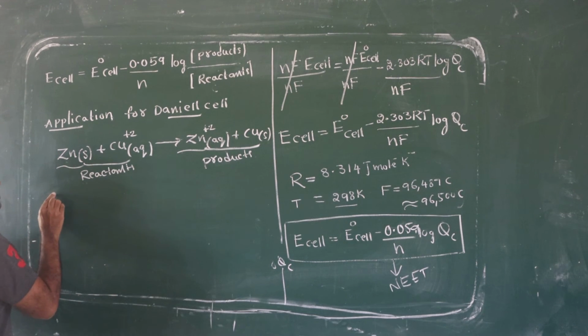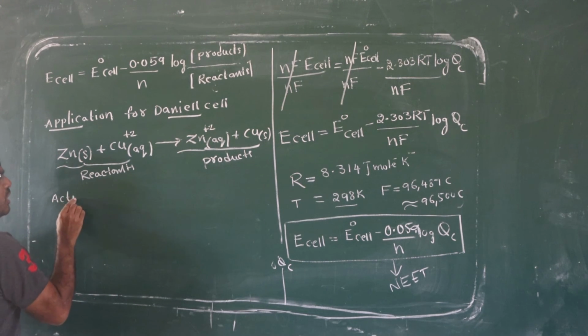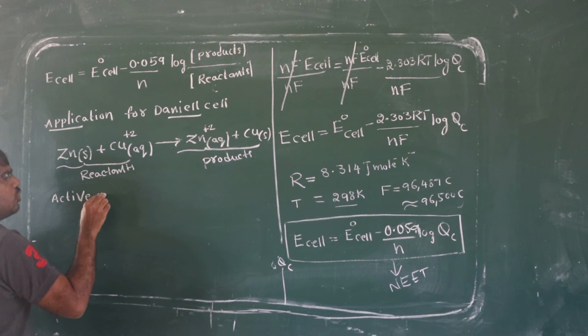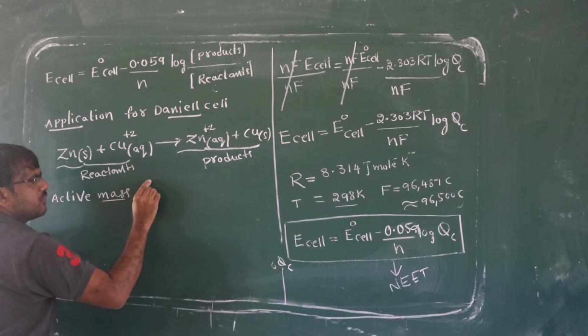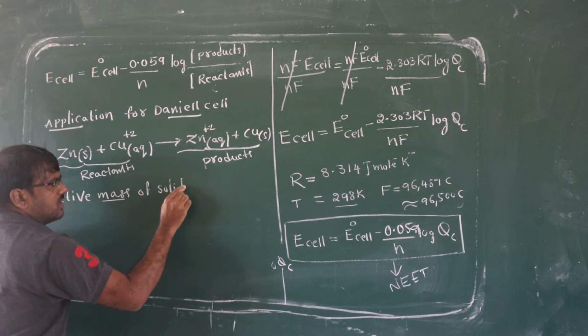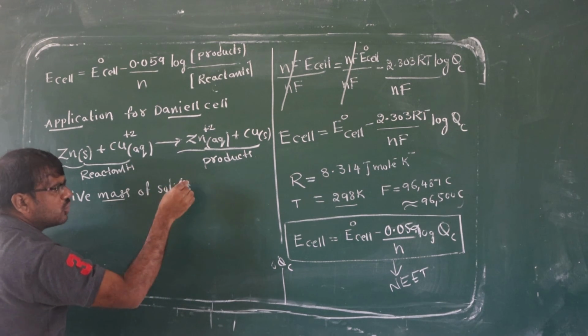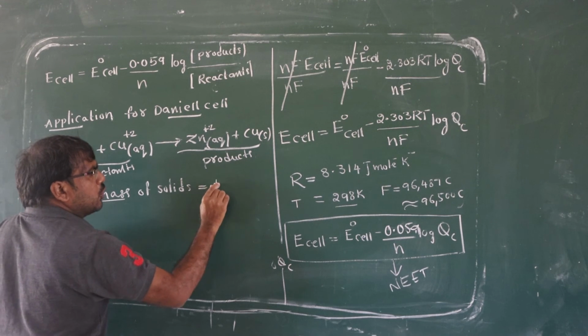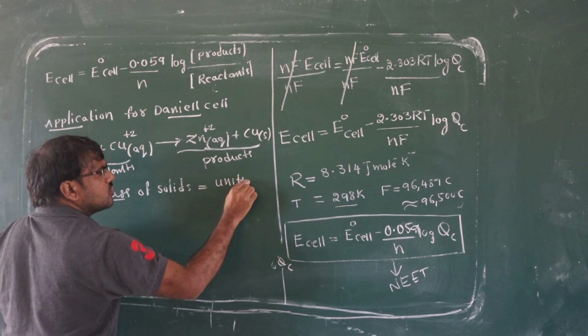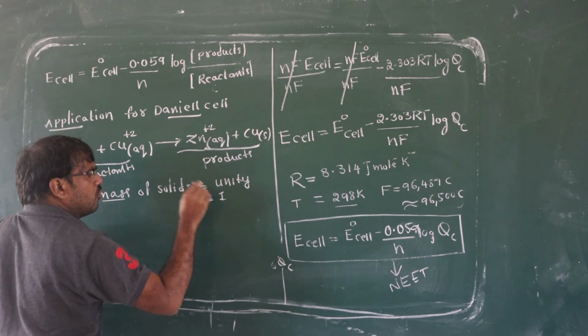The active mass of solids is taken as unity, that is, equal to 1.